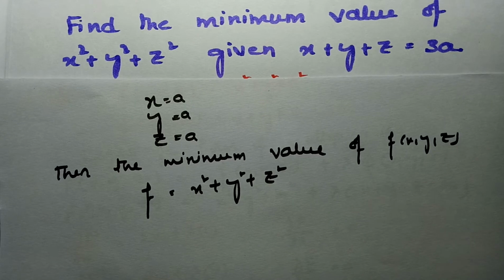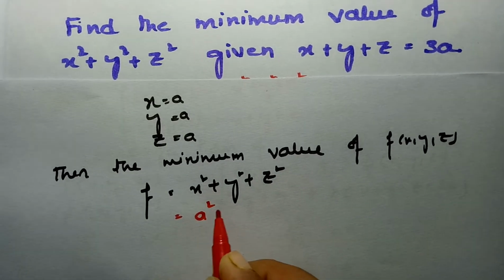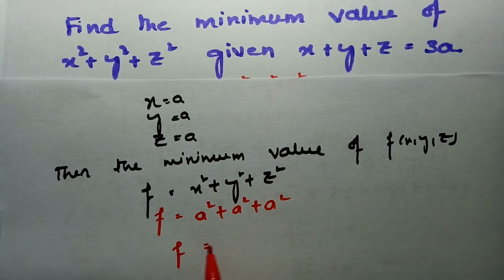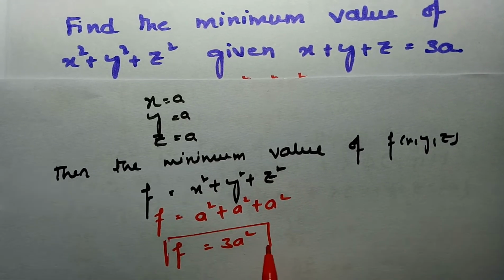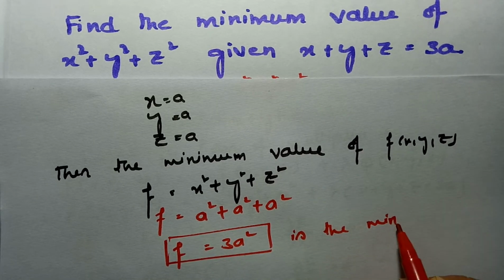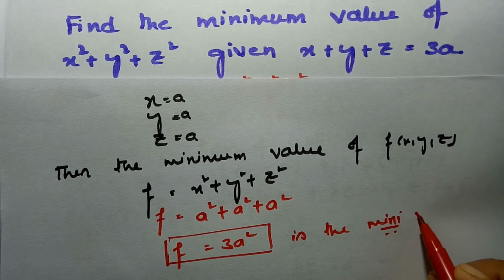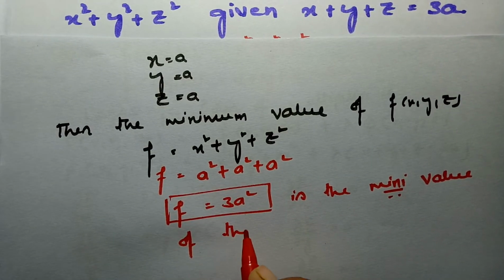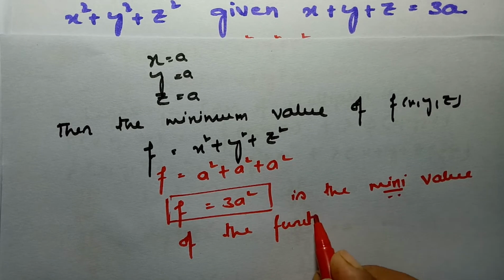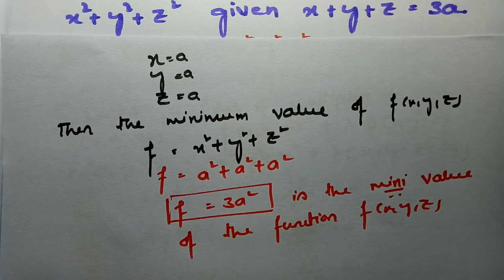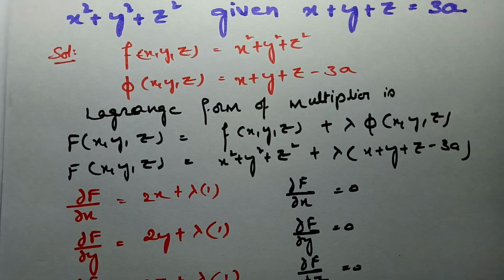So in place of x I have to write a square, this is a square and this is a square, and f is equal to 3a square is the minimum value of the function f of x comma y comma z. So this is how we have to show the minimum value.